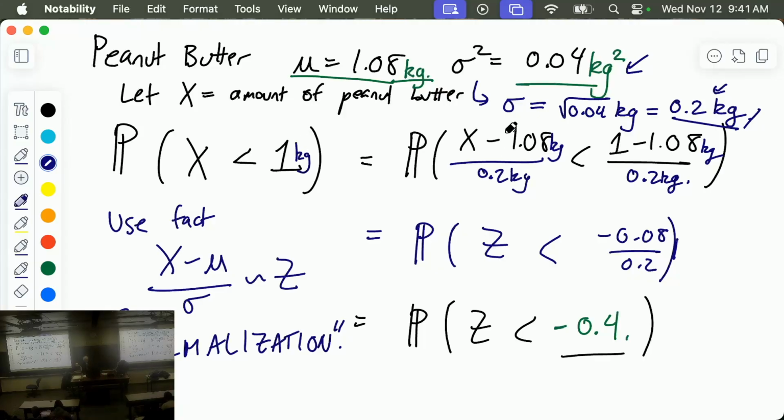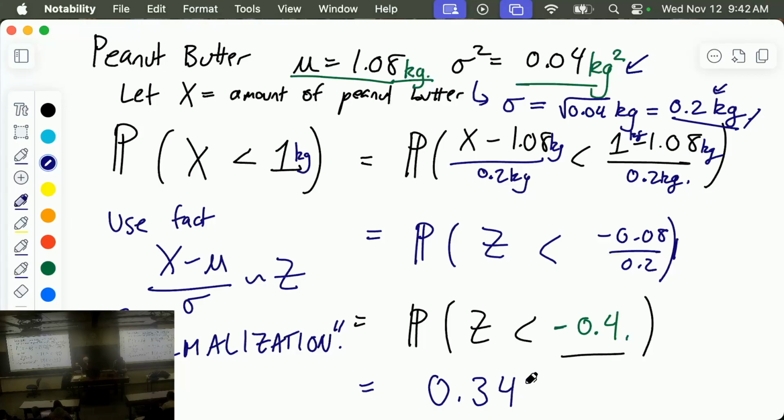Let me add that. The kilograms cancel, and you get -0.4. You could look this up on your sheet and see the probability that z is less than -0.4. This side is all the negatives. Okay, negative 0.4 gives 0.3446, which was indeed what somebody wrote.